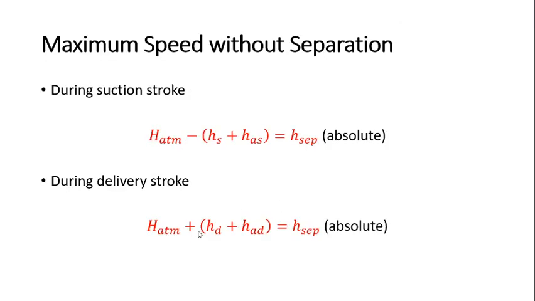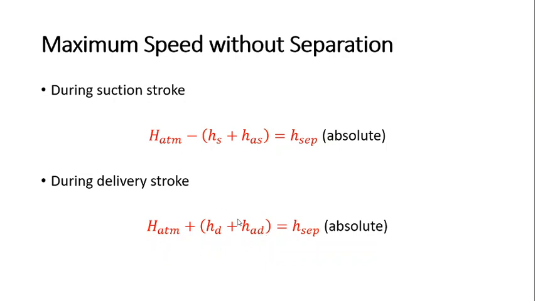Now during delivery stroke, the absolute pressure head at the end of the delivery stroke, I told you the possibility of separation occurs at the end of the delivery stroke. So at the end of the delivery stroke, the absolute pressure head is H atmospheric plus the sum of delivery head and acceleration head at the delivery pipe.